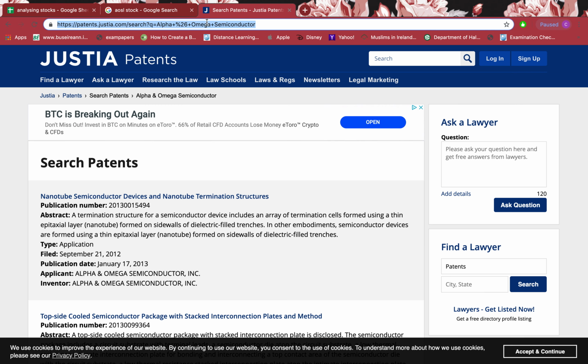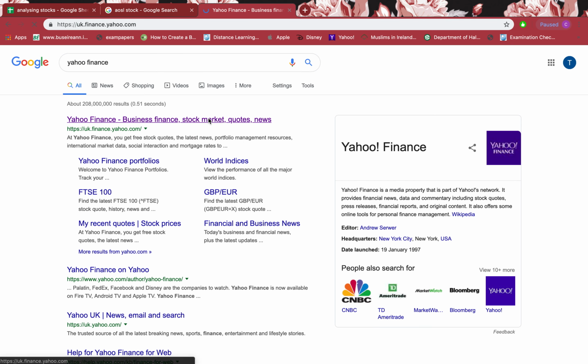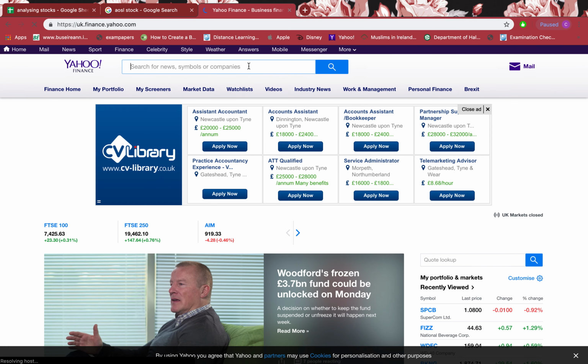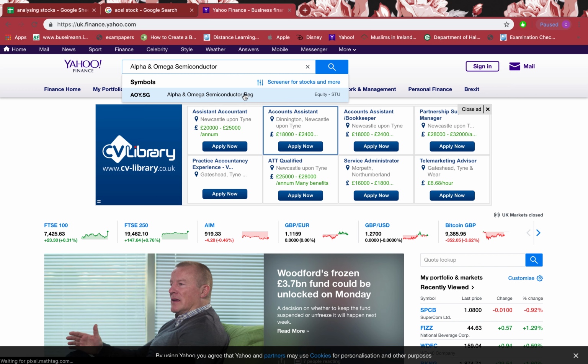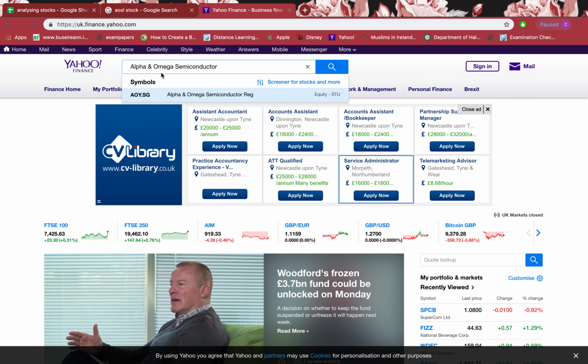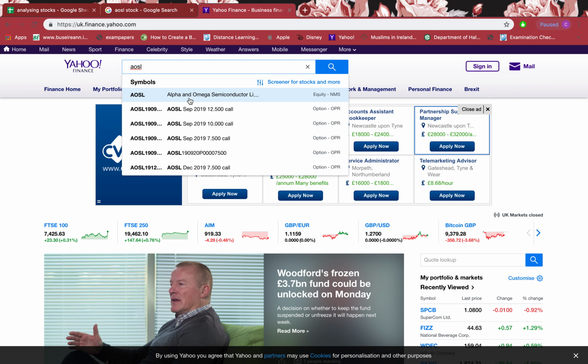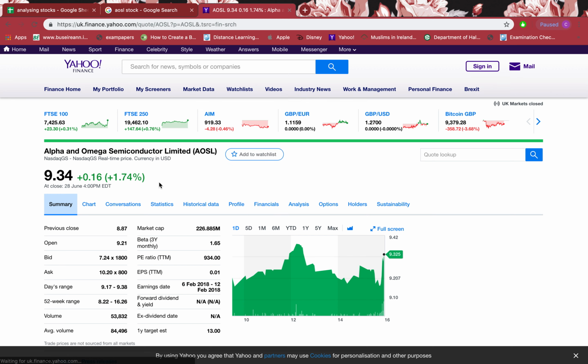And if I go to Yahoo Finance, I want to know what salary the key executives get, if the company has shown it or not. I'll just paste that here, and I'm not getting AOSL. Okay, AOSL, that's the one. So you need to be careful about the name and the symbols.